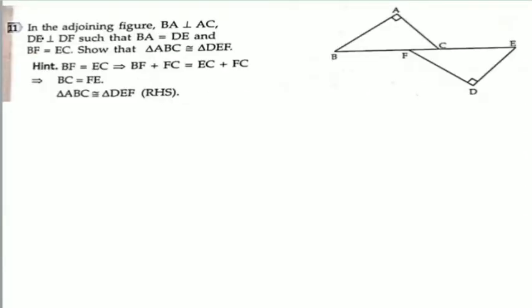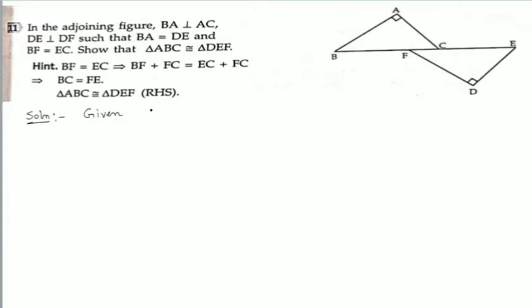Problem number 11. In the adjoining figure, BA perpendicular to AC, DE perpendicular to DF, such that BA is equal to DE and BF is equal to EC. Show that triangle ABC congruent to triangle DEF. So here which are given?